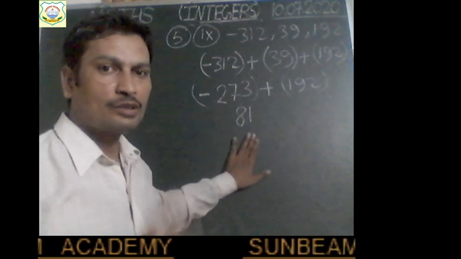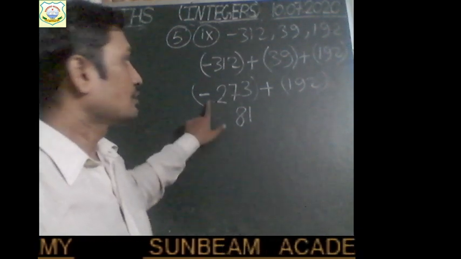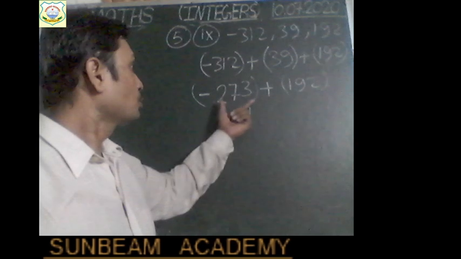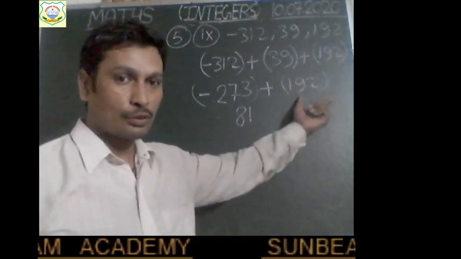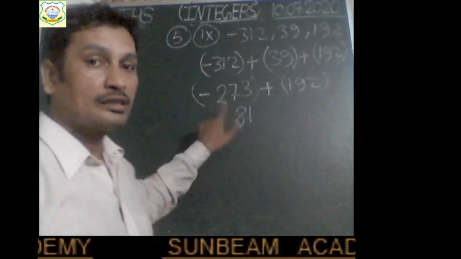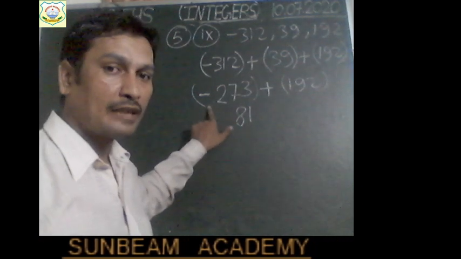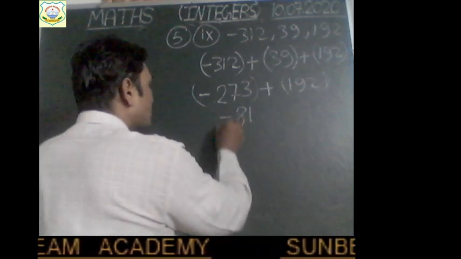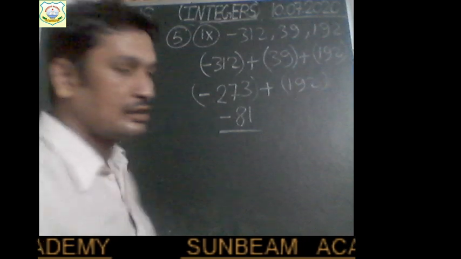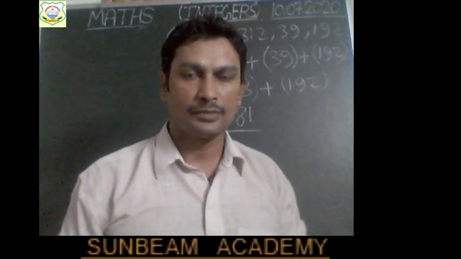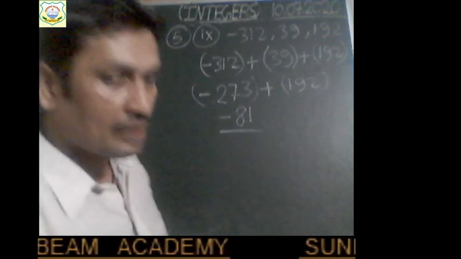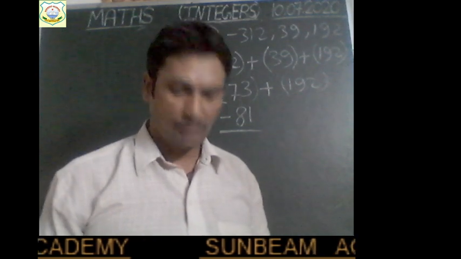And which sign we will use, children? We will use negative sign, because 273 is greater than 192. So we will use sign of 273, that is minus sign. So we will get minus 81, and this is the answer. Okay. So this is the way how you have to solve this question.